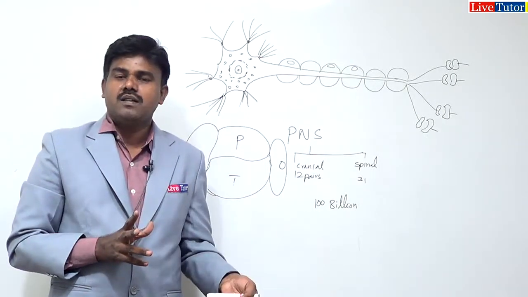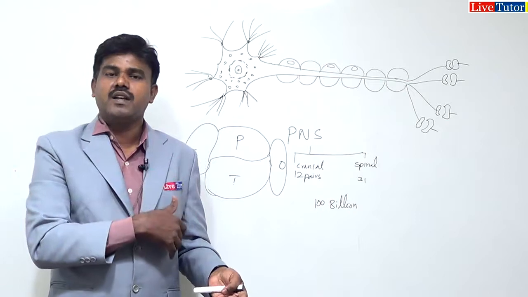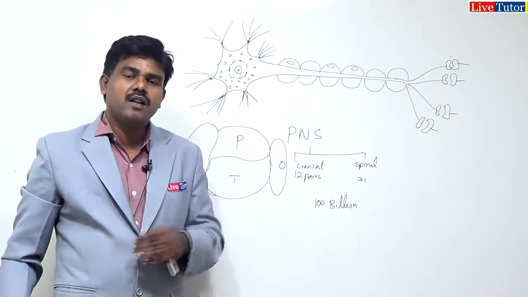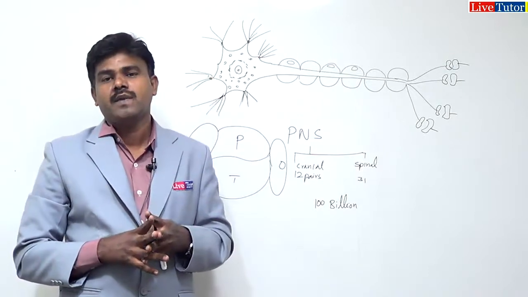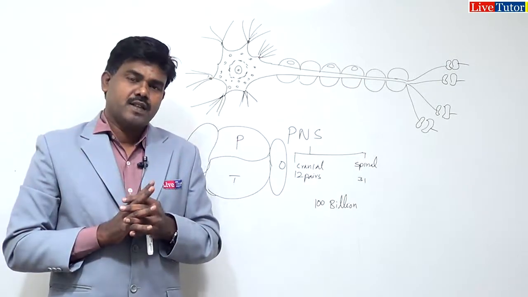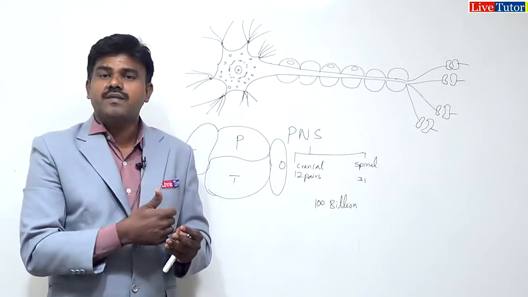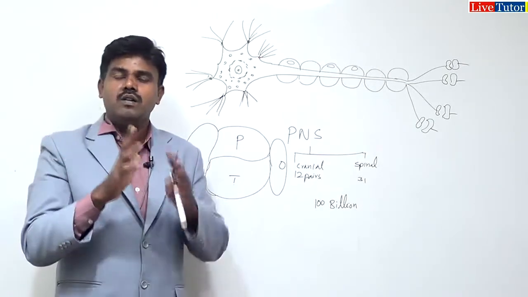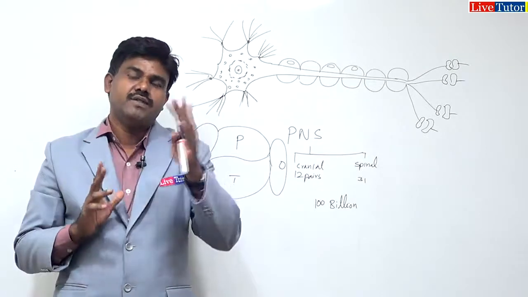The right part of the body is actually controlled by the left part of the brain, and the left part of the body is controlled by the right part of the brain. For example, the skin receptors of the left are controlled by the right. With the right brain we see the left world.